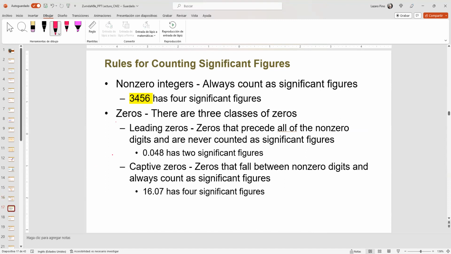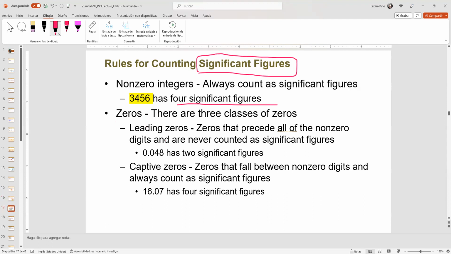Well, according to the measurements, you can express what are significant figures. For example, in a number that has non-zeros, you can say that all the numbers are significant. In this case, you have 1, 2, 3, 4 significant figures.